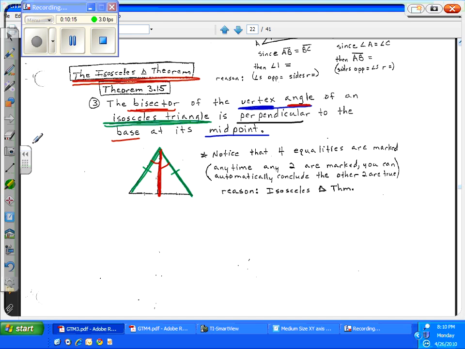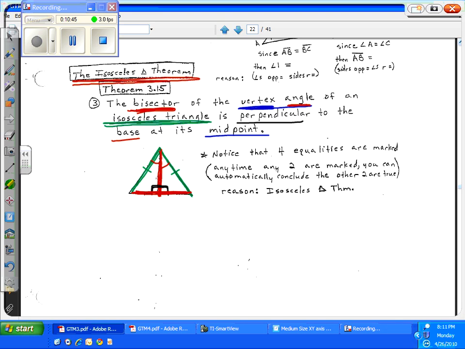What is this vertex angle bisector? It is perpendicular. What are perpendicular lines? Perpendicular lines are two lines that intersect to form equal adjacent 90-degree angles. So that means it hits at 90. It hits what at 90? The base. The base is the third side.